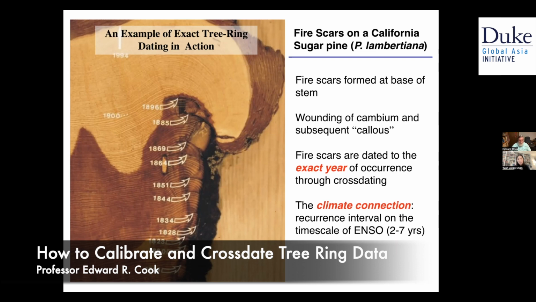And what's important here also is that the timing of these scars can tell us about the climate of the time that was conducive to causing fires that produced these scars. It turns out the El Nino Southern Oscillation, or ENSO, is very influential in creating the conditions that cause these fires to occur, and in this particular case, cause the formation of fire scars in living trees.